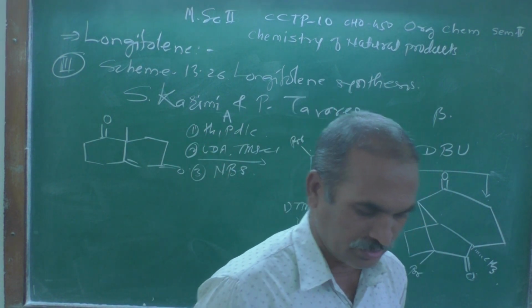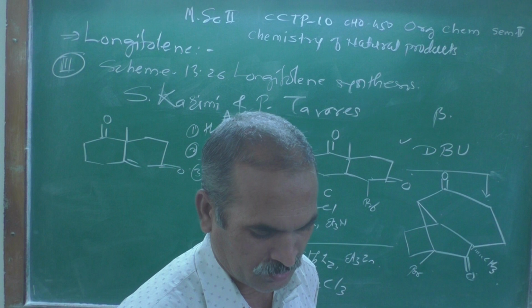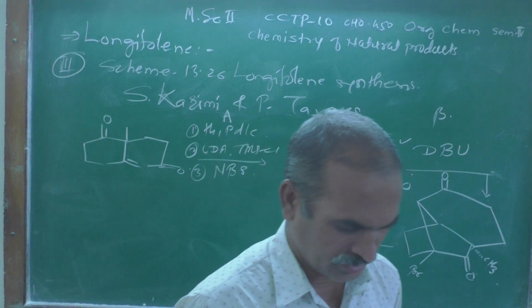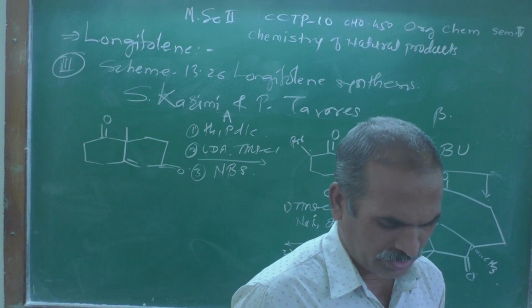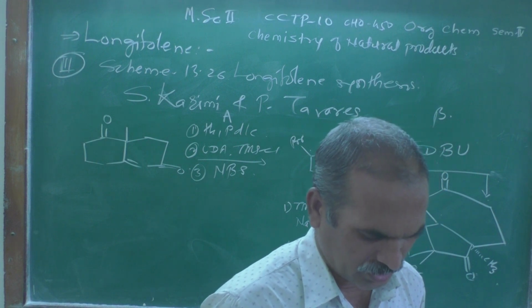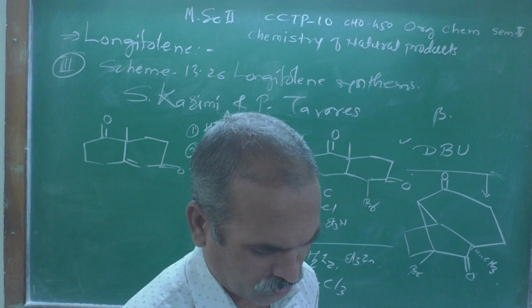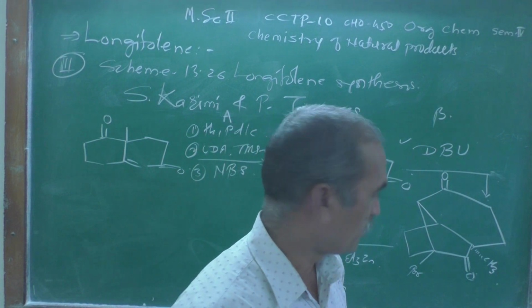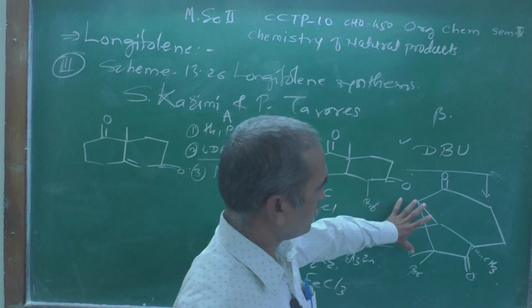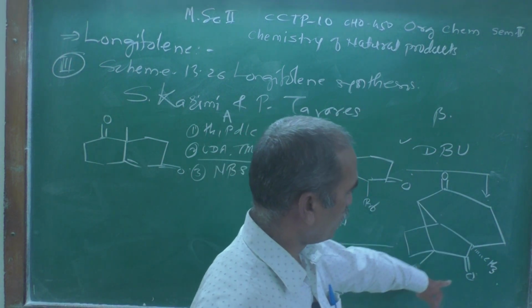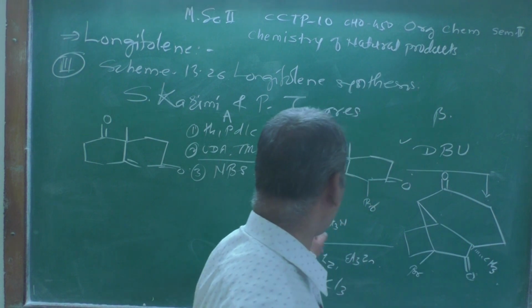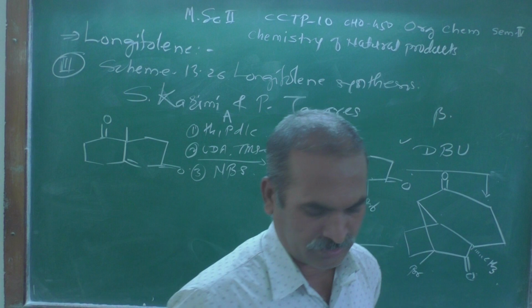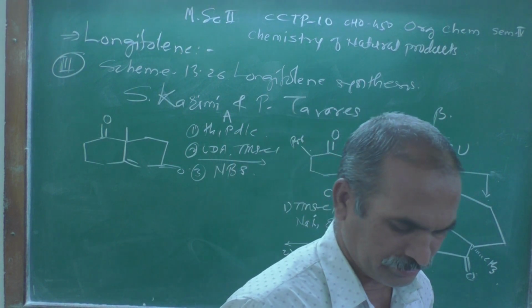These are the reagents used. After using these reagents, the compound obtained will be everything. This one remains the same. Only at this position, by adding this, we are going to introduce the chlorine group at that specific position.